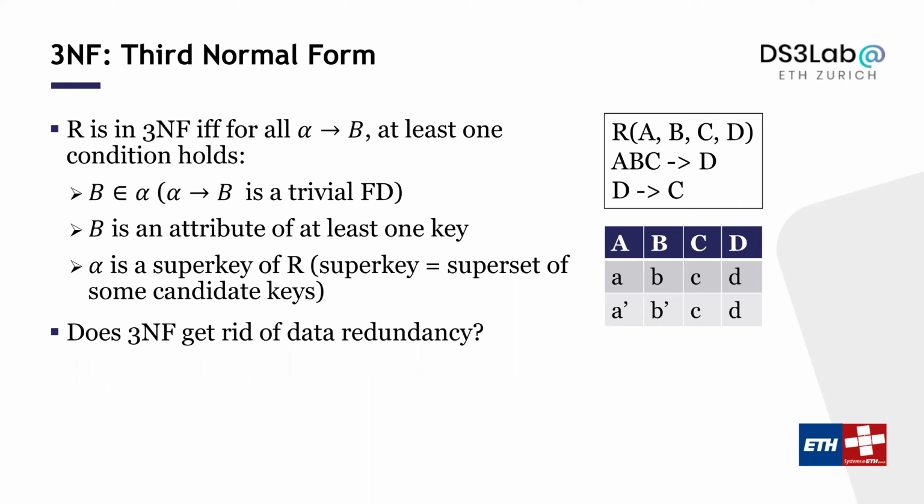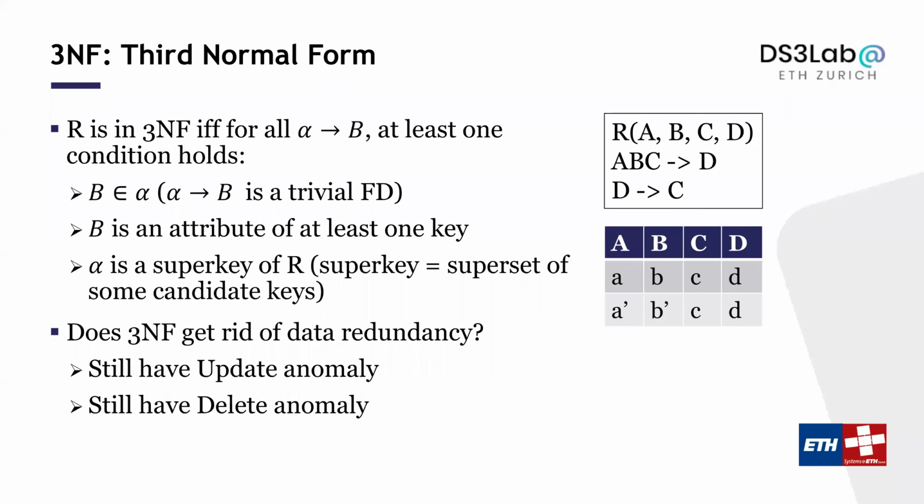But do we have data redundancy here? Yes, clearly we do. If you think about the C and D columns, whenever you have the same value of D, you are going to store the same value of C. So there are data redundancies in this relation. It could have update anomalies and delete anomalies because of that redundancy.